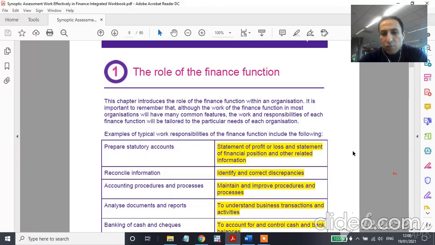The expenses could be wages, depreciation, rent, rates, and paying the utility bills.